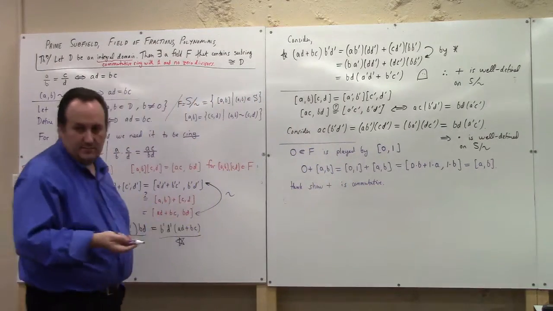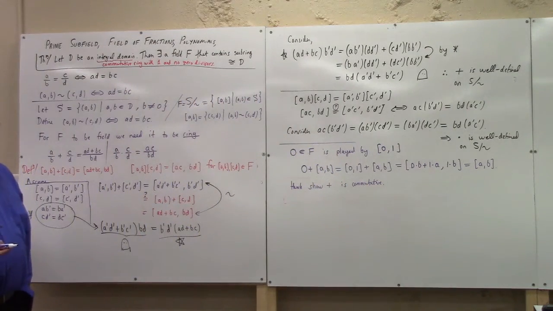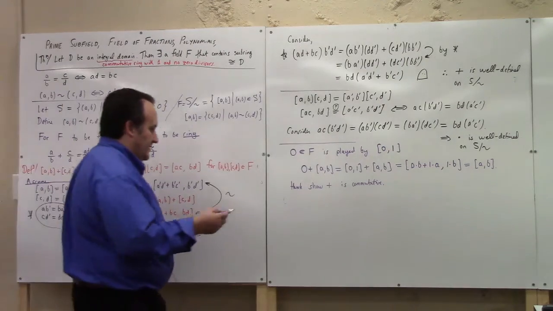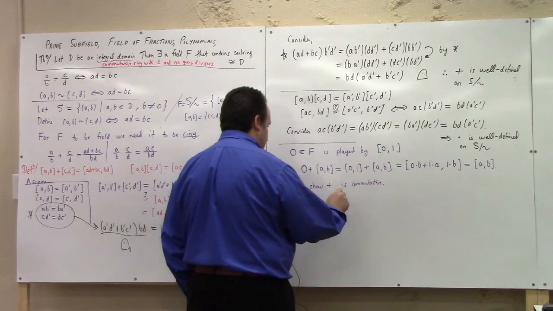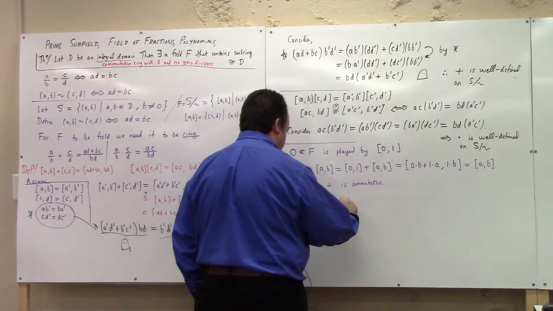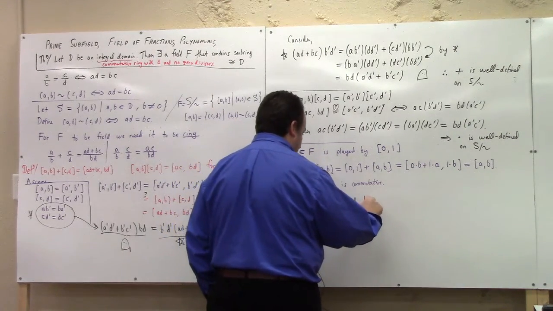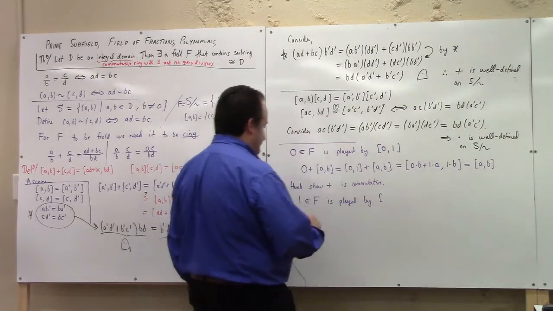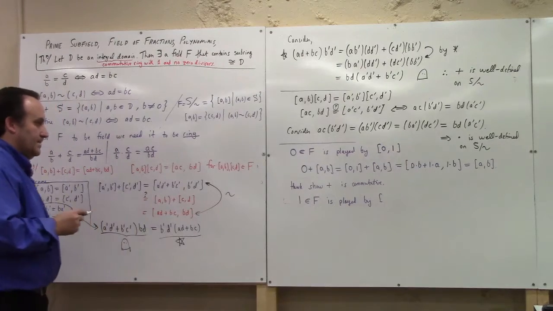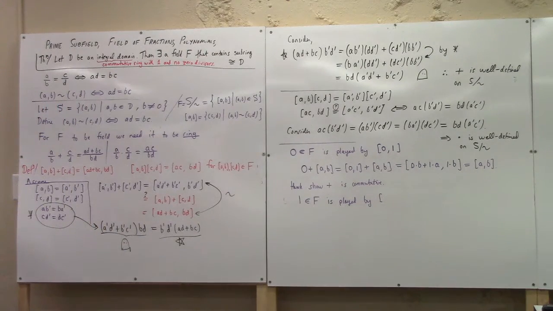What is 1? What is 1 in this field? It's the unity. But what is the 1 in the field we're building? It's played by what? Something that, if you multiply by it, gives you back the identity.